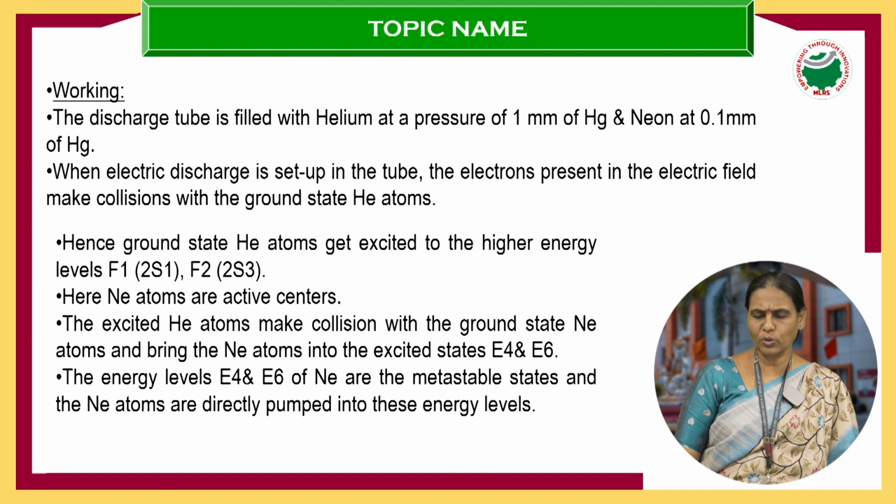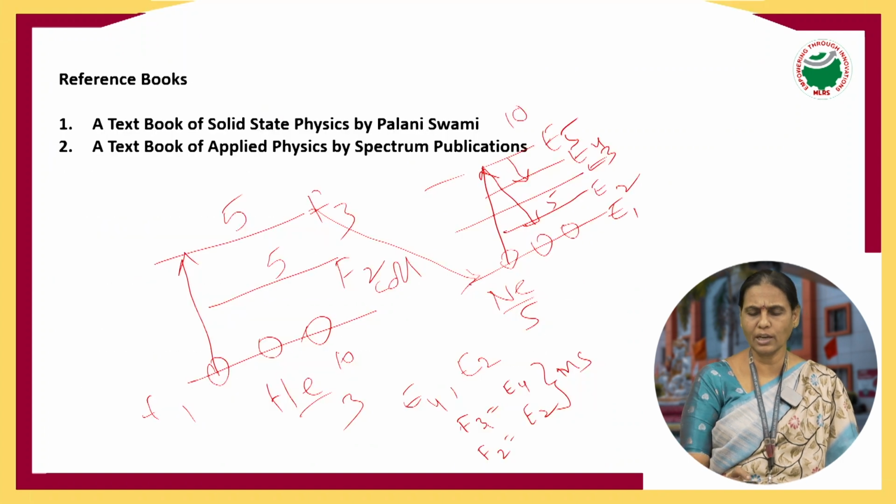Now, how do you produce a population inversion? See here, some atoms are jumping to the E4 state. Of the atoms present in the E4 state, some jump to the E3 state, and at the same time some jump to the E2 state. Why? Because they are metastable states and possess the same energy.